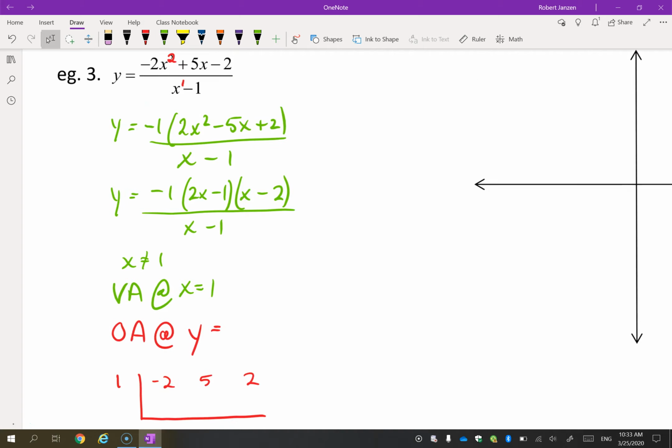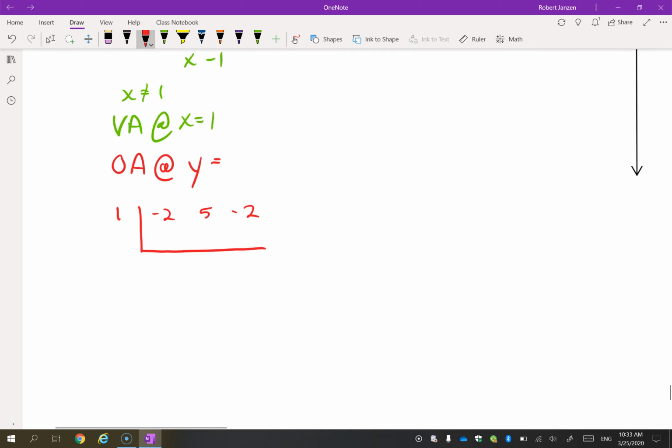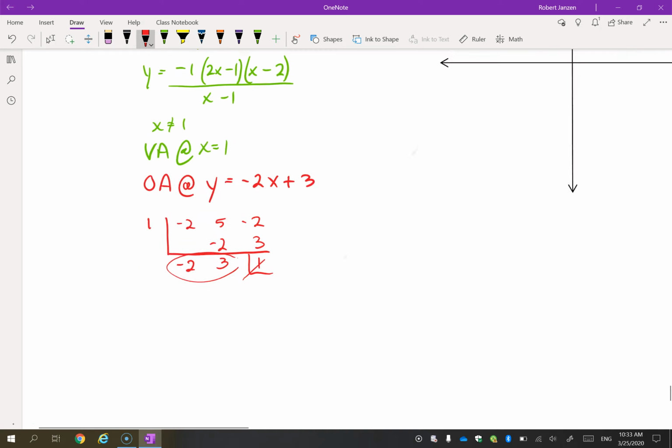Notice I'm taking that right out of the original. Oh, it's negative 2. The original equation. Okay, so negative 2, 3, 3, remainder is 1. Again, I don't care about the remainder. I just care about this. This tells me I have an oblique asymptote at negative 2x plus 3.